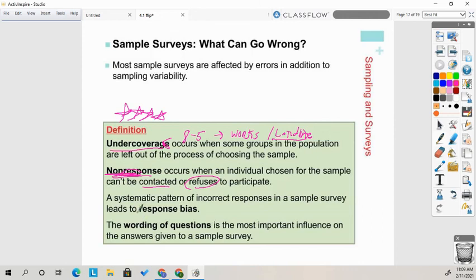All right. When you have a pattern of incorrect responses, that leads to something called response bias. You worded the question wrong, and it leads people into answering the question incorrectly, or the way that you wanted them to. This is famous in politics on both sides of the aisle, both Democrats and Republicans.